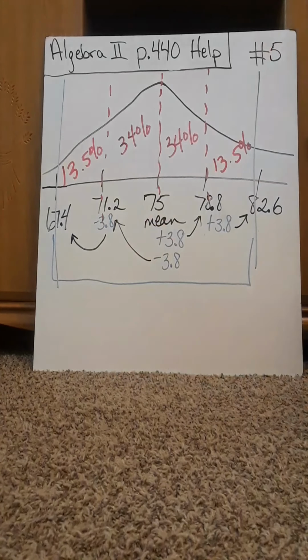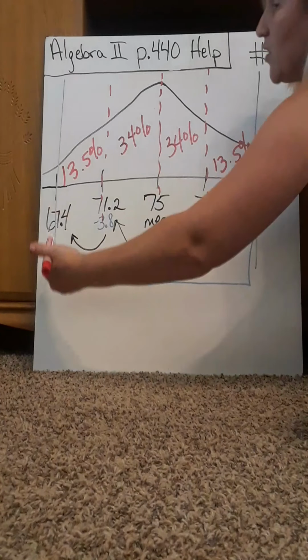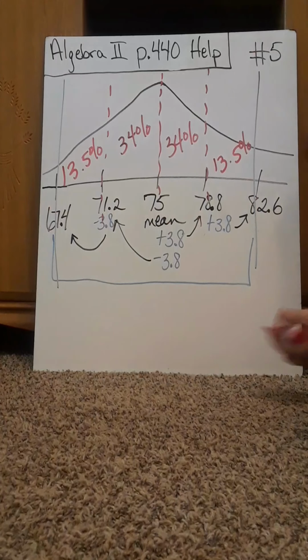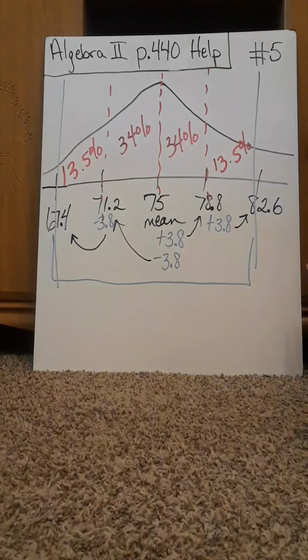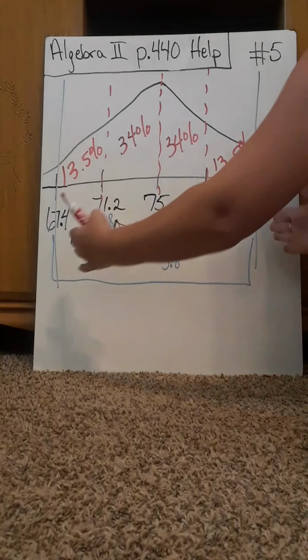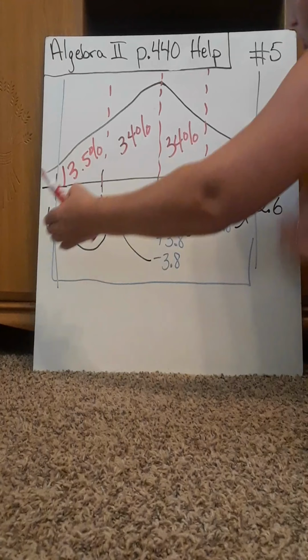Okay? That's really as far as I need to go as far as filling in my picture and all my information, because I just want to know my percentages from 67.4 to 82.6. That's going to be these 4 percentages right there. So what I need to do is add those percentages up. That will tell you what percentage of your data is going to be within these 2 standard deviations from your mean, below and above.